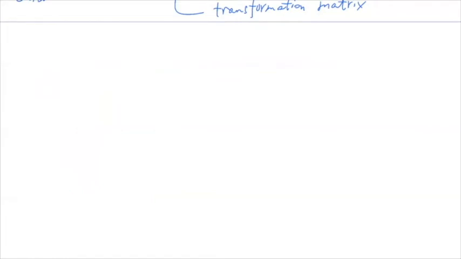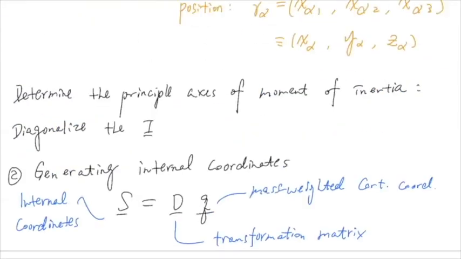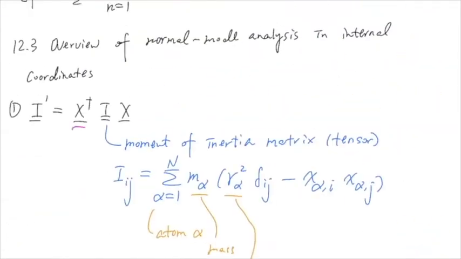And then you need to construct the overall rotation vectors. It could be 3, it could be 2, depending on whether or not your molecule is linear. If it's a linear molecule, then you have 2 overall rotations. If it's nonlinear, then you have 3 overall rotations. The construction of the overall rotation vectors requires the X matrix from your first step, and the atomic coordinate matrix with respect to the center of mass.